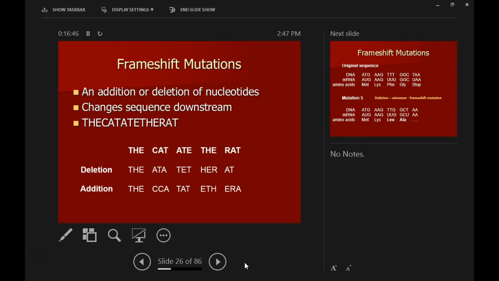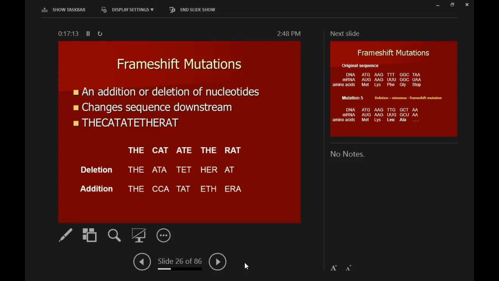Give you a little example. Let's imagine that our genetic code is like a written language. And so I've sort of made this up. The cat ate the rat. Now, what would happen is if we went and deleted, for example, the C in cat, that would cause every letter to go and shift one space to the left because they are connected to each other.